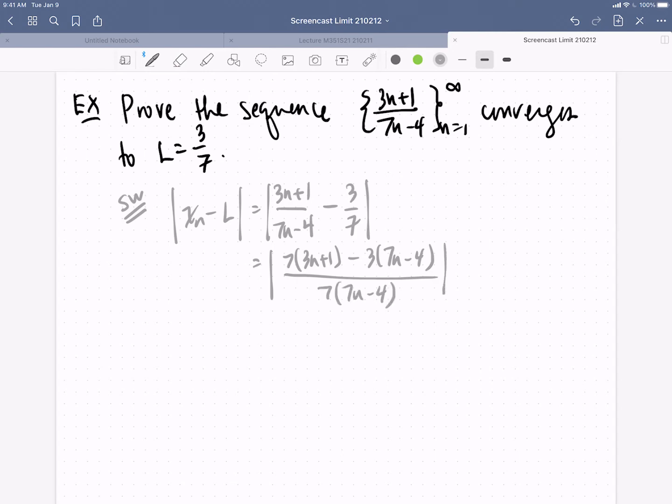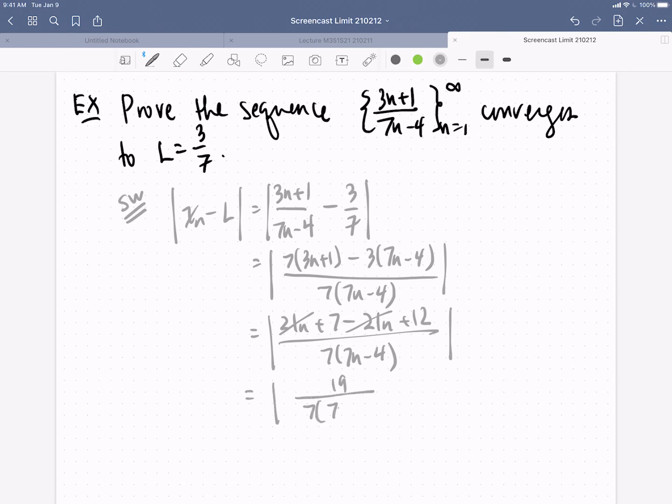I'm going to leave the common denominator that way and just start simplifying. You'll see in the numerator those 21n's cancel, and I'm left with 19 over 7n - 4.